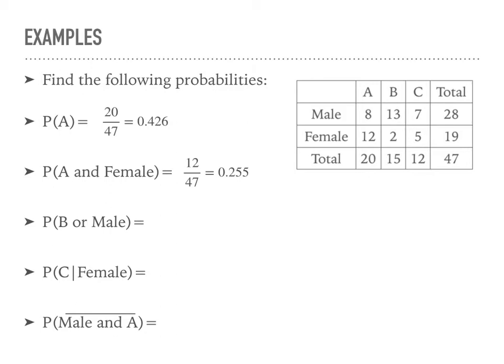So we have 15 plus 28 minus 13 should give us 30 out of the total 47, so that is 0.638. Now, how about the probability of C given they were a female?